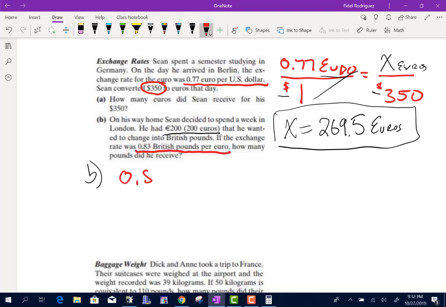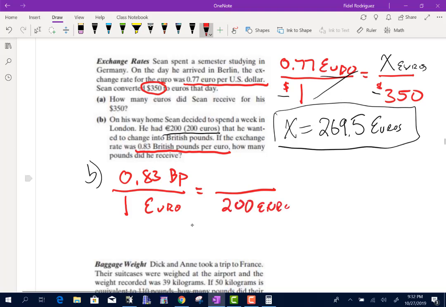So 0.83 British pounds is the same thing as 1 euro. Okay? And it says that he had 200 euros. We want to know how many British pounds did he end up with.